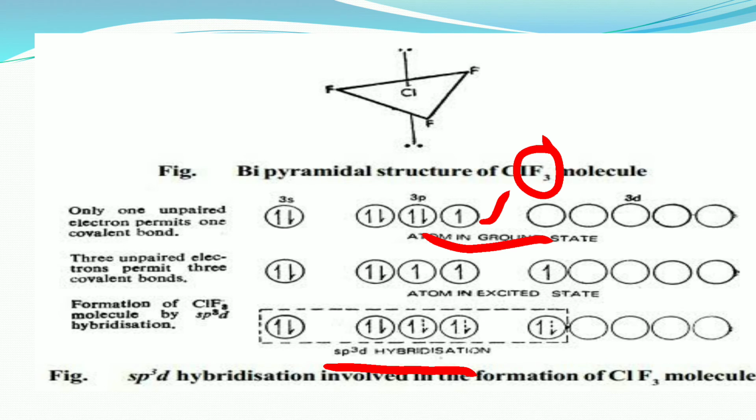This is same for all. That means XY has sp3 hybridization and XY3 interhalogen compounds have sp3d hybridization. And that's why here they have the trigonal bipyramidal structure.